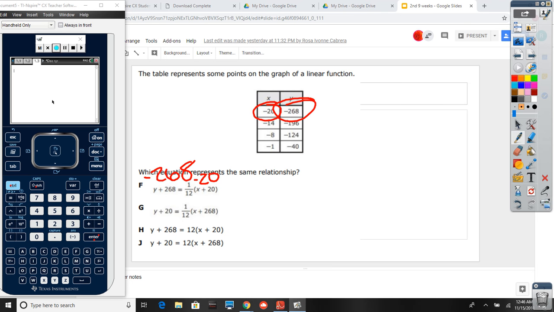So what I'm going to do is my calculator, I'm going to type it in exactly as it is, but instead of the y, I'm putting in a negative 268.